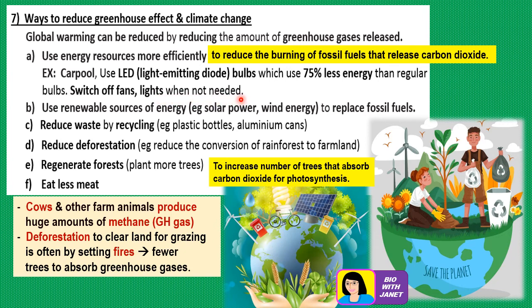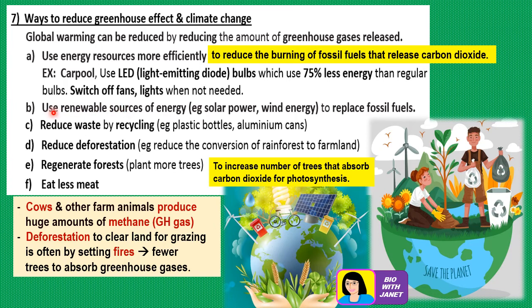All this is to save electricity and reduce the burning of fossil fuels in the power stations. So note that we give the fact first, and then we have to explain why, to get extra marks, more marks. So fact and then explanation to reduce the burning of fossil fuels that release carbon dioxide.